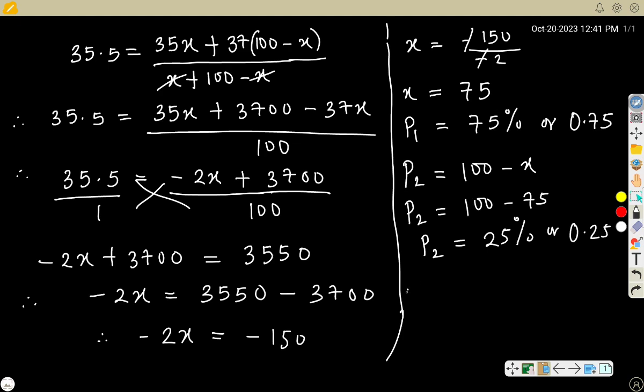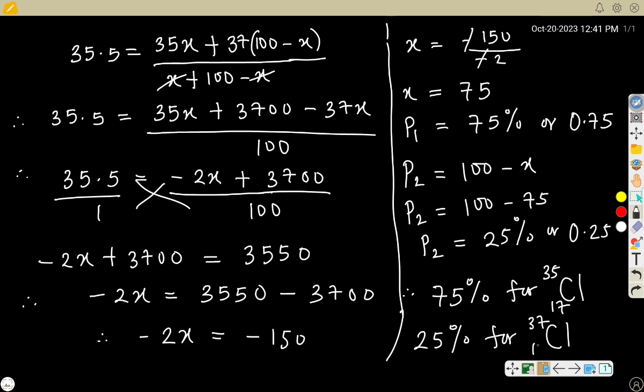So now the two abundances are 75% for chlorine 35, atomic number 17, and 25% for chlorine 37 with atomic number 17. That means chlorine 35 occurs most, its availability is high. And that is why the periodic table carries 35.5 to show the relative abundance. So that is how to solve this question. So we move.